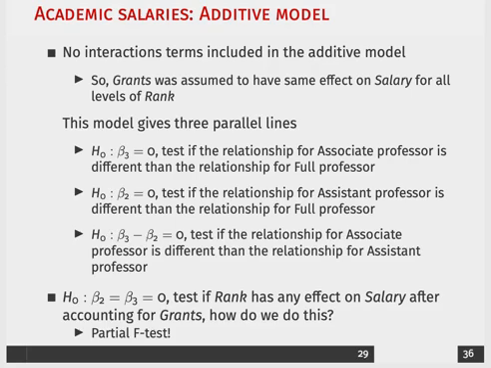So if you remember back to last time, we're going to look at a subset of variables, in this case, beta 2 and beta 3, to test whether or not they're equal to each other and whether or not they're equal to 0. And if we find evidence to reject the null hypothesis in this instance, that would suggest that one of these two variables has some effect or relationship on salary after accounting for grants.